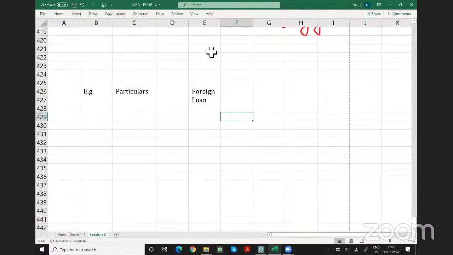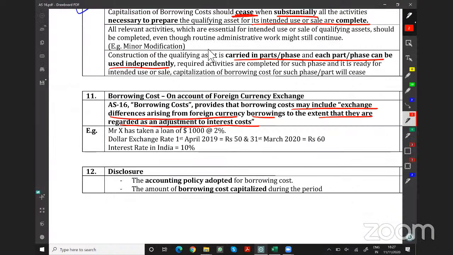So the amount of expenditure in case of the foreign loan: the loan amount is $1,000. If we convert that into rupees, it will be $1,000 into 50 rupees.